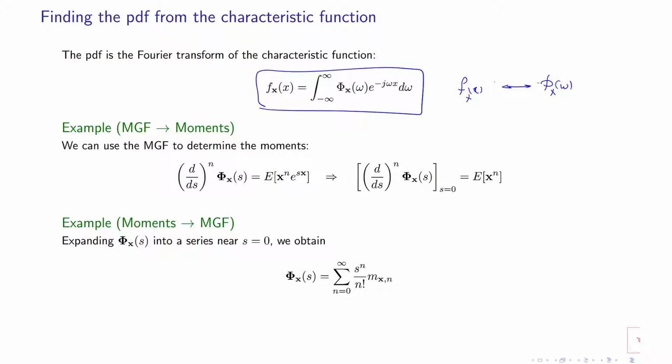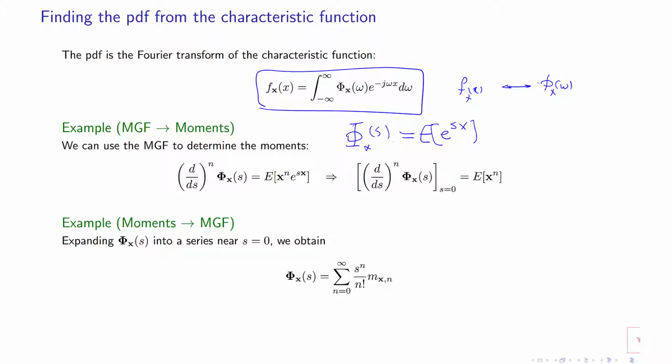Now, what else I want to learn here is that, as an example, the moment generating function is the mean of e to the power of sx, which is equal to phi x of s.